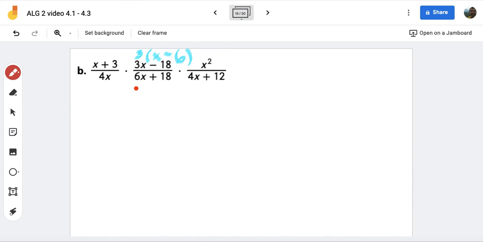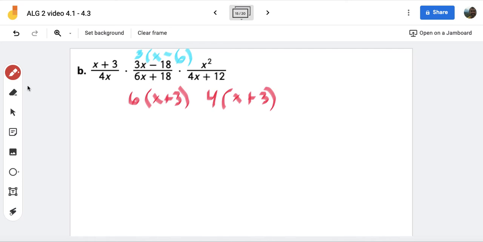We'll give it a shot. This factors into 6 times x plus 3. Now, what does this factor into? I can take a 4 out, and I'll have x plus 3. Well, that's too bad. I didn't get x minus 6. Maybe I messed up somewhere. No, I don't see it anywhere.